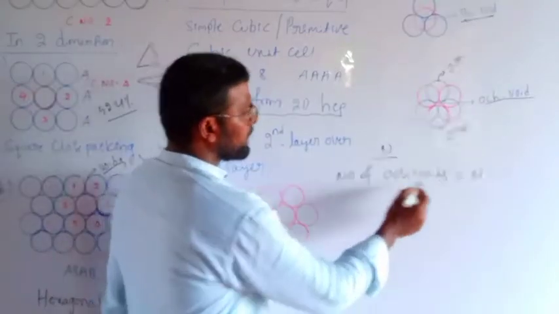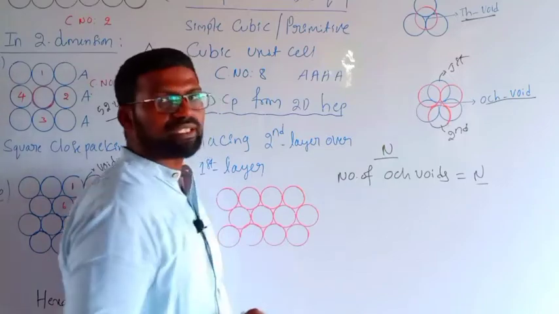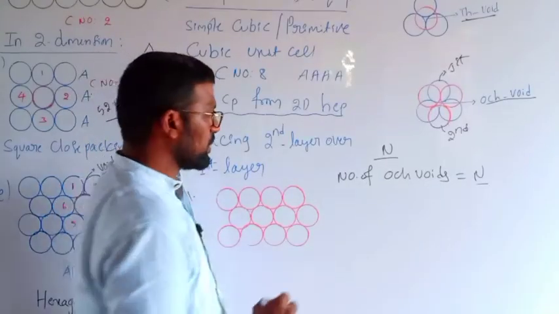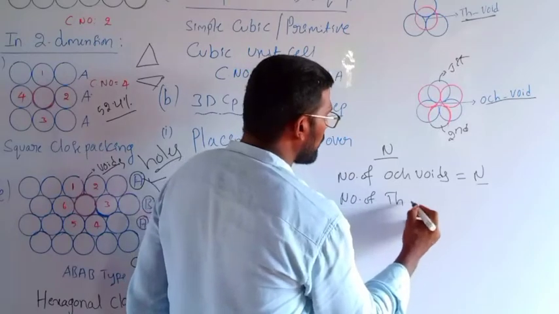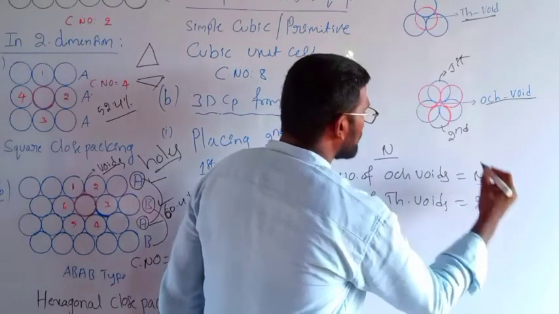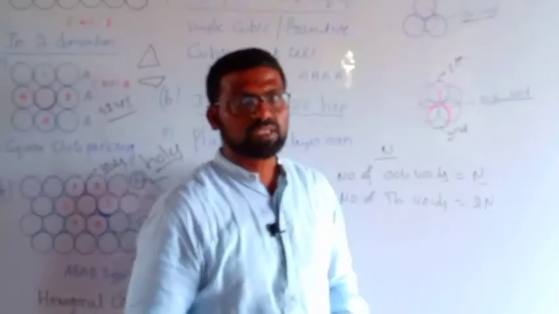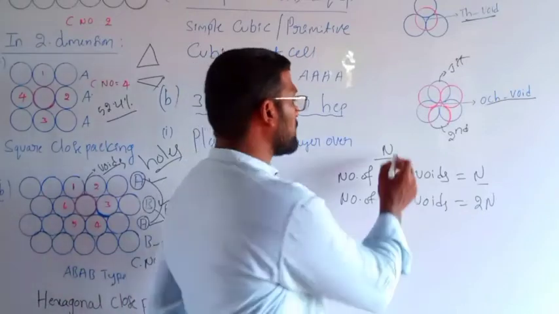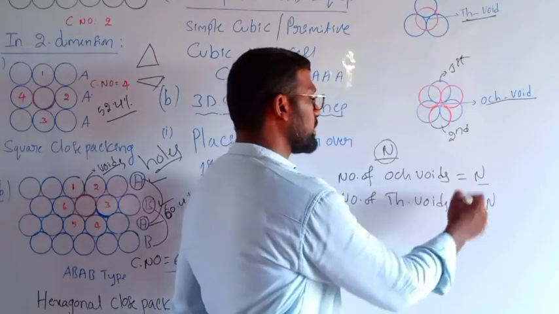Means the number of octahedral voids is equal to the number of spheres present in the crystal system. Next, the number of tetrahedral voids will be equal to 2n. Means double the number of spheres. If the number of spheres is n, then octahedral voids will be n and tetrahedral voids will be double, that is 2n.